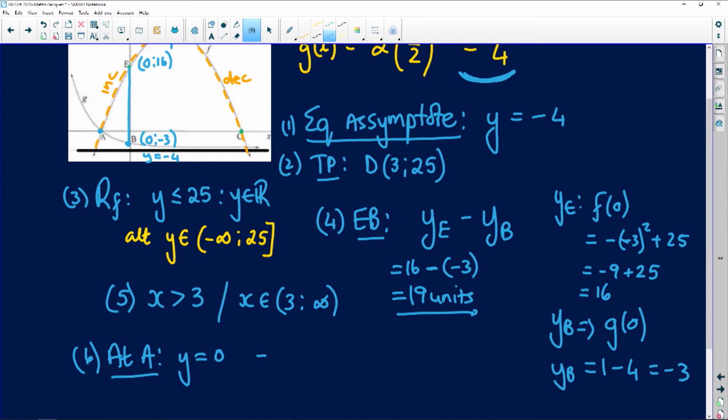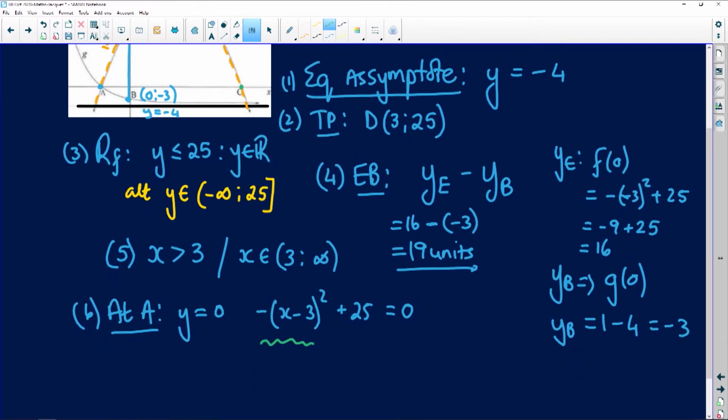Let's have a look. We want to know where is minus x minus 3 all squared plus 25 is equal to 0. Now again, grade 12s, you've got a square number there. So don't go and distribute this bracket. Keep it by itself.